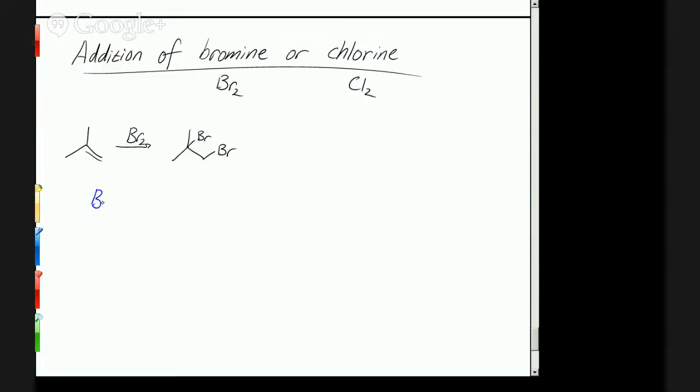So it starts very much like any other mechanism. The bromines here, even though they have lone pairs, they can actually be an electrophile, and they can get attacked by the double bond this way.